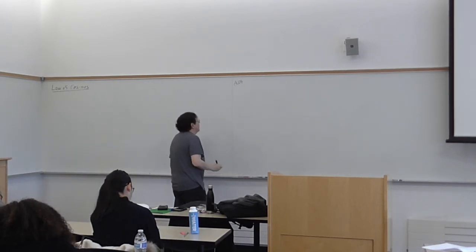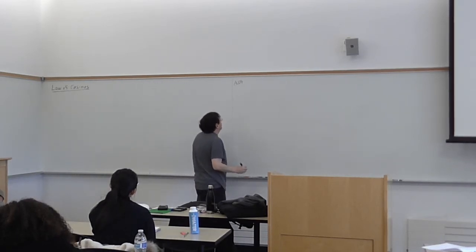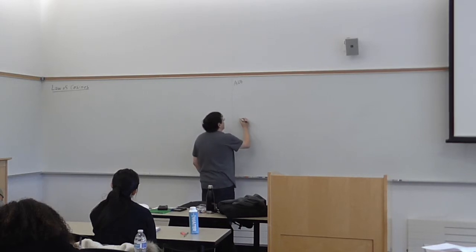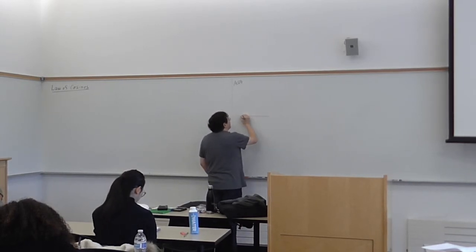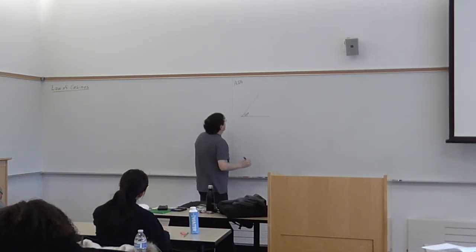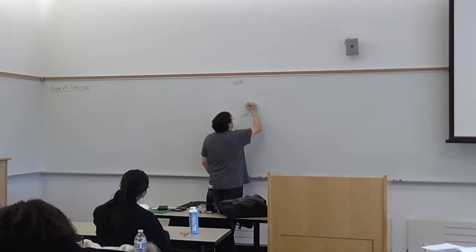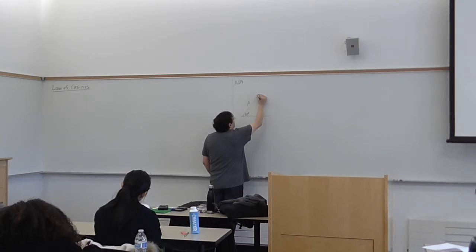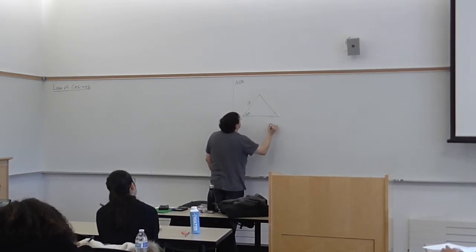So what if I had a triangle where, say, this is 60 degrees, and this side is, say, 10, and this side is, let's say, 6.